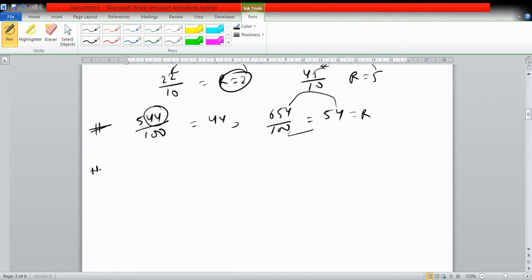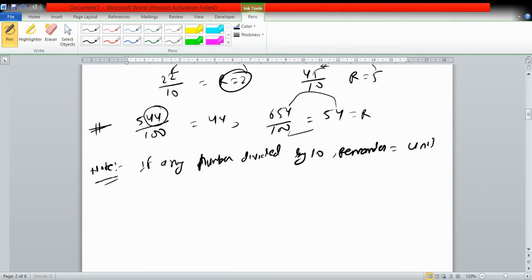So make a note: if any number is divided by 10, then the remainder indicates the unit place of that number.